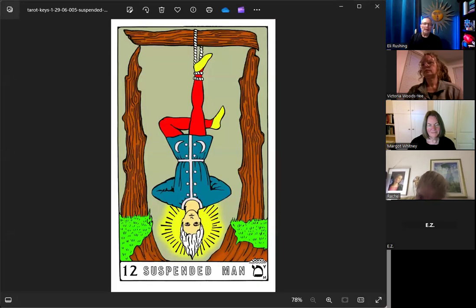Samadhi is the self-conscious union with the divine self. Note the white cord around the foot of the suspended man. This is the superconscious state that is present everywhere, always.